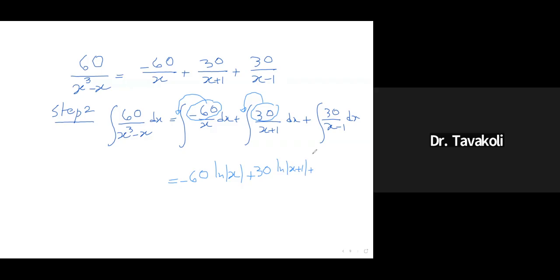In the third integral, 30 is a constant, comes out. And the integral of 1 over x − 1 is ln of the absolute value of x − 1. And at the end, plus C, because it's an indefinite integral, so we need a plus C at the end. So that's the final answer to this example.